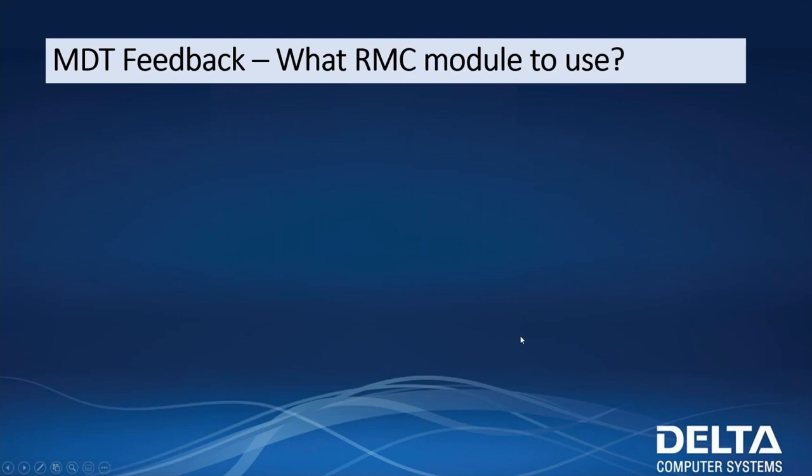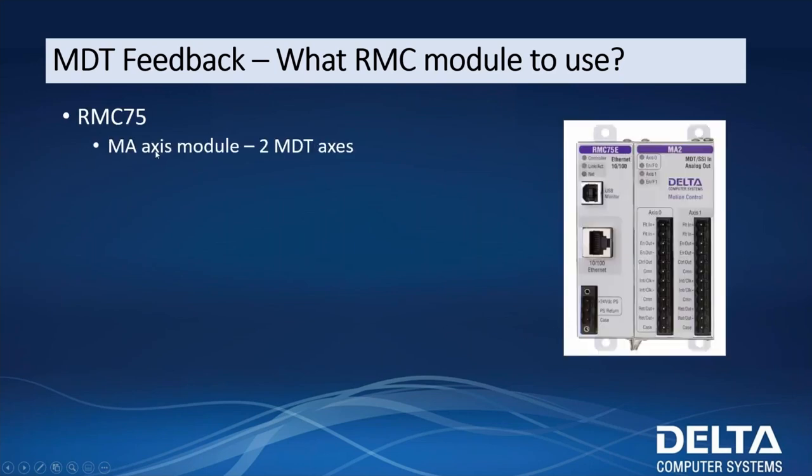So what RMC module would you use for MDT feedback? Well, the RMC 75 has an MA module. Two MDT axes are available with this MA module. RMC 150 has an option as well, the MDT module, two MDT axes there as well.